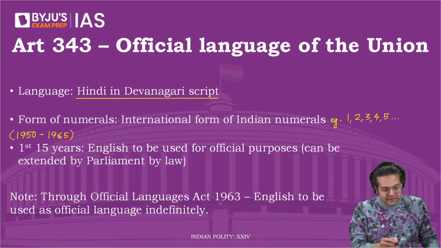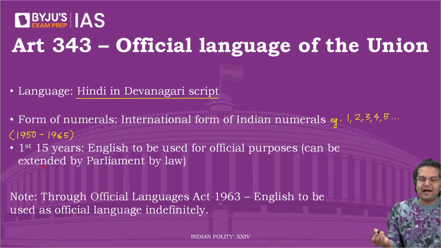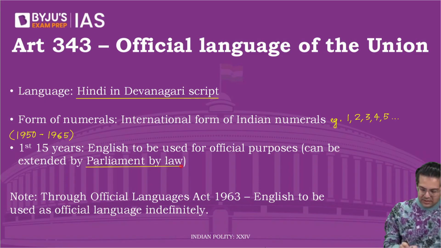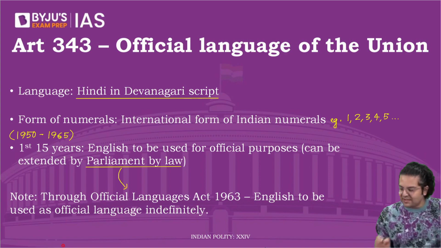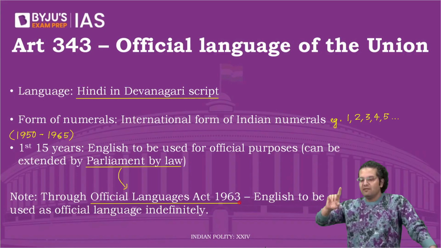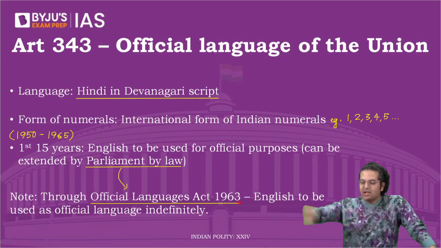Now, this first 15 years can be extended by the Parliament by law. So, Parliament can extend the use of English, and Parliament has done it. They passed a law called the Official Languages Act 1963, and English now will be used for all official purposes indefinitely.